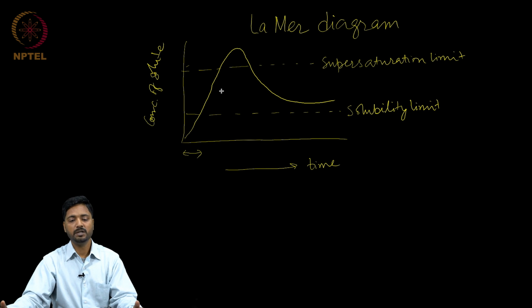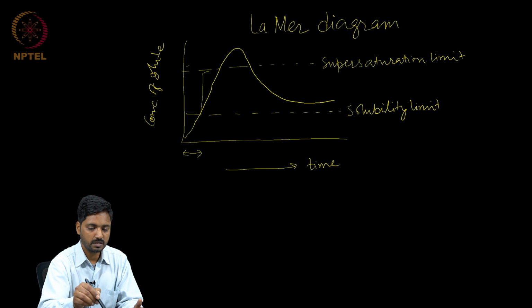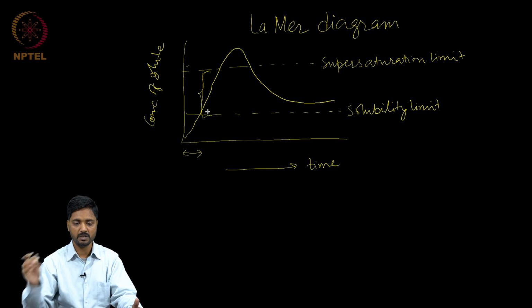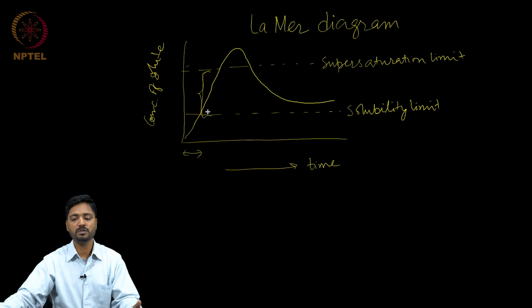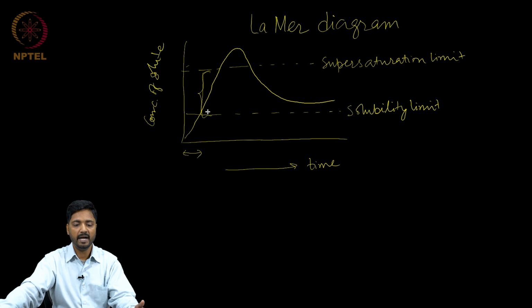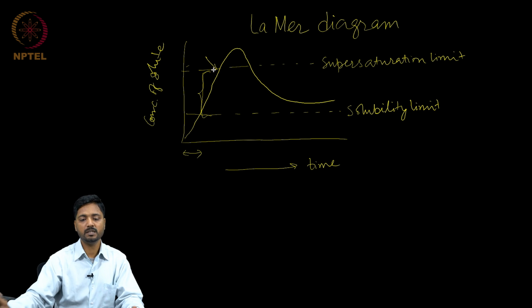However, we reach a regime known as the supersaturation regime, where the concentration of the solute is somewhat higher than the solubility limit, and it keeps crossing the supersaturation limit, which is indicated here.